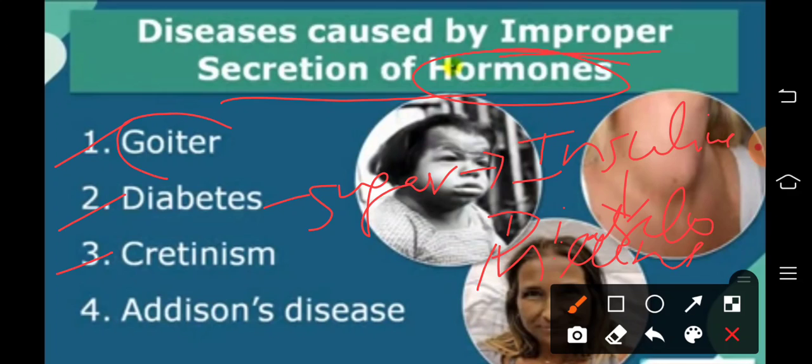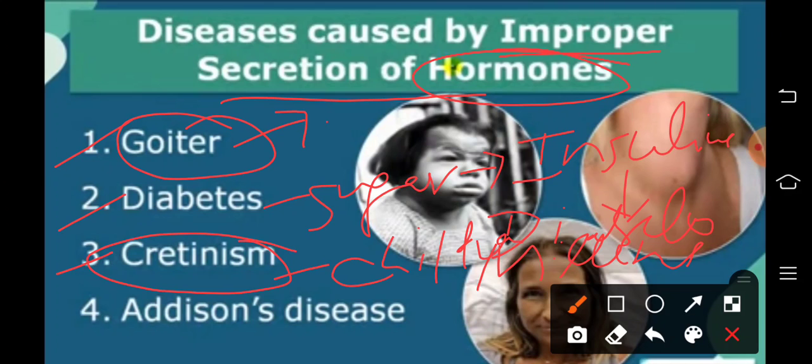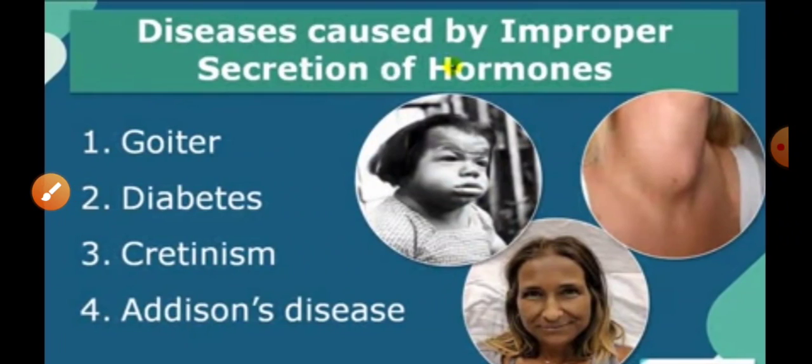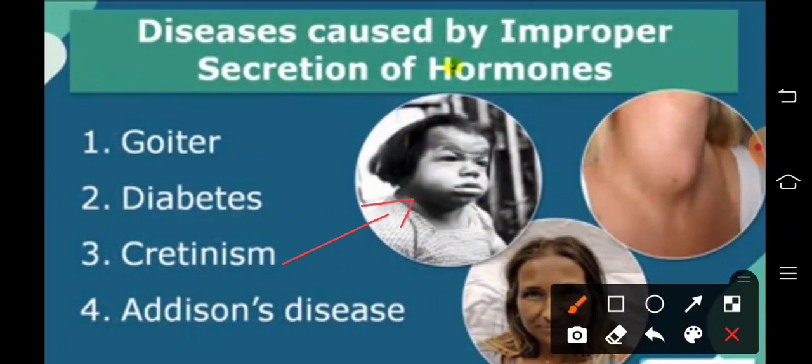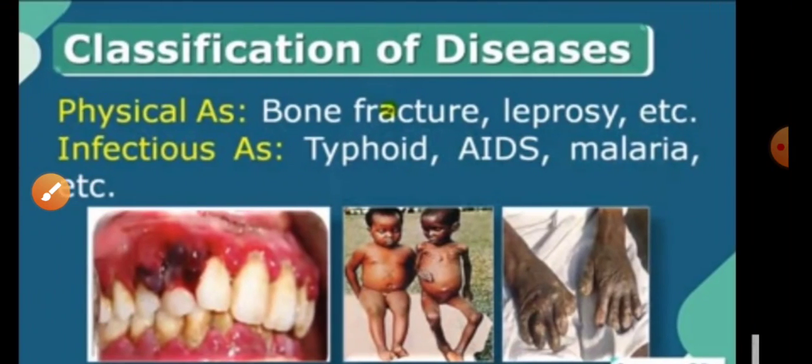Cretinism: goiter occurs in adults and cretinism occurs in children. This diagram is related to cretinism: stunted growth of the brain, or we can say the body. And the last one is Addison disease. So goiter, diabetes, cretinism, Addison disease, these are the diseases caused by improper secretion of hormones, due to the imbalance of the hormone.